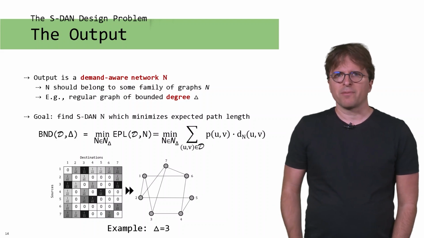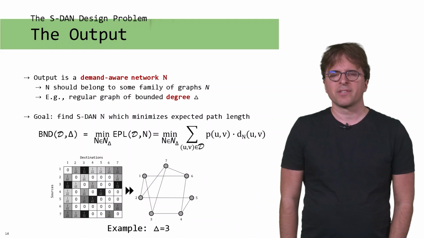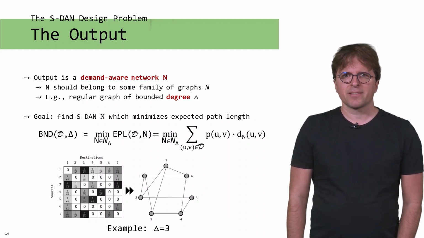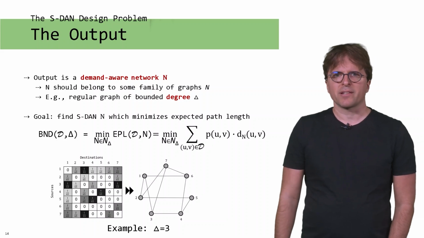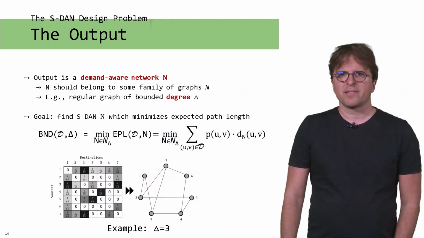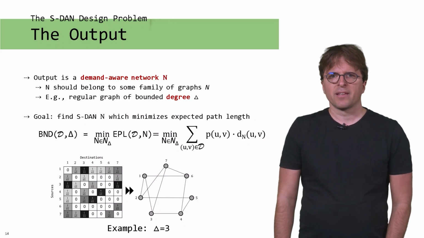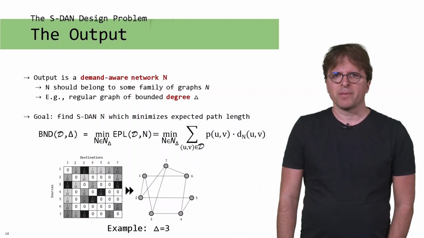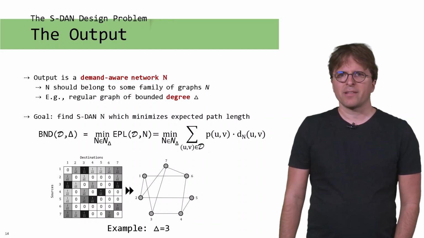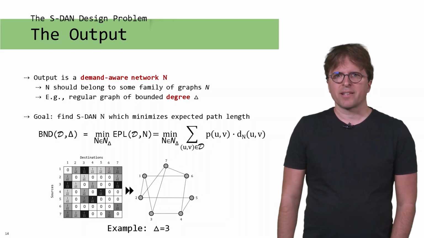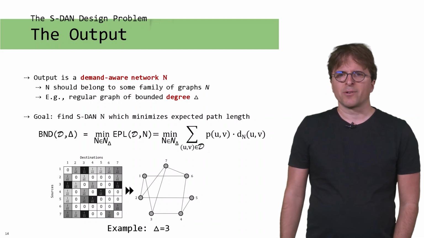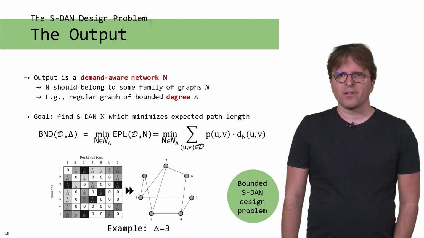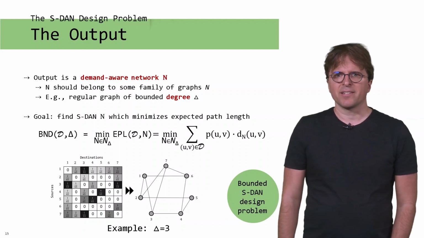For example, we want to have regular graphs that have a bounded degree delta. And we want to find this demand-aware network that minimizes the expected path length as defined before. So here at the bottom, if you have a demand matrix like that, the demand-aware network of bounded degree, in this case delta equals 3, could look like that. This is what we call the bounded network design problem.